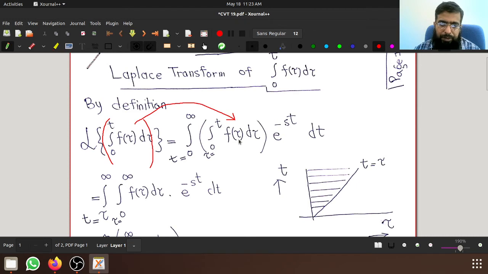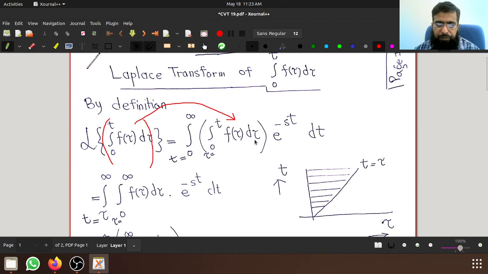because we are going to compute the Laplace transform for this integral, right? Since now we have two integrals, the inner integral has limits for tau, from 0 to t. How do you know that this is for tau? Because we have d tau first along this horizontal line.